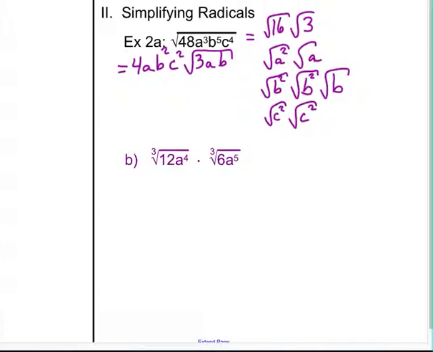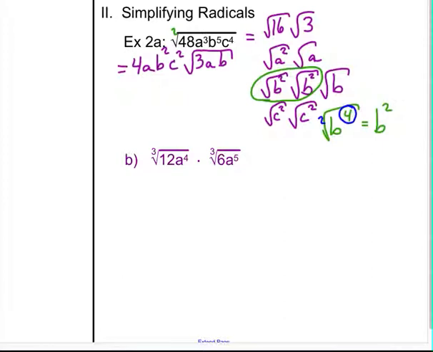The shortcut, when you're looking at these, is that any variable with an even power is a perfect square. So rewriting this as b to the fourth, if you notice, the square root of b to the fourth was b squared. So what happened was, because this is a square root or a second root, we took our exponent here and divided it by 2, which was the root that we were taking.